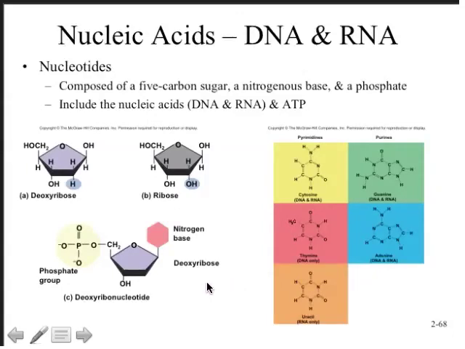Okay, so you can see here the different bases that make up DNA include thymine and cytosine and guanine and adenine.